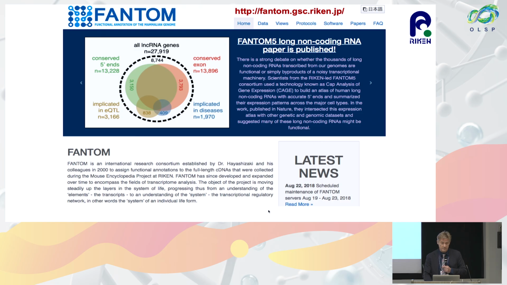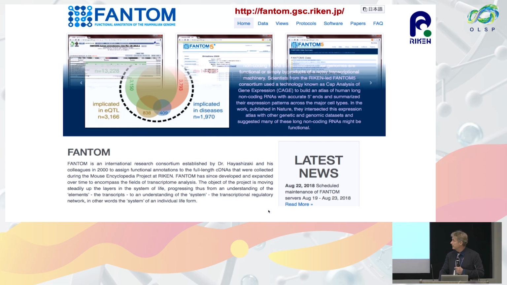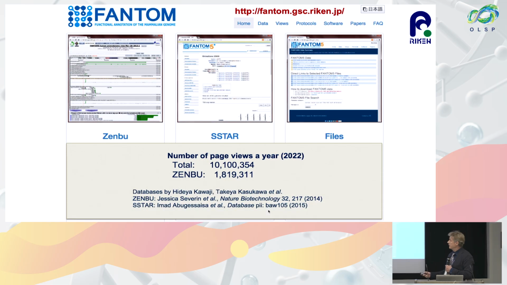Important here is that all the data are available. This is Kawaji-san, and Kasukawa is behind all of this. You can download all these very well organized data, and of course you can also download from public repositories. But from the RIKEN FANTOM website, you can have all the data very nicely organized.